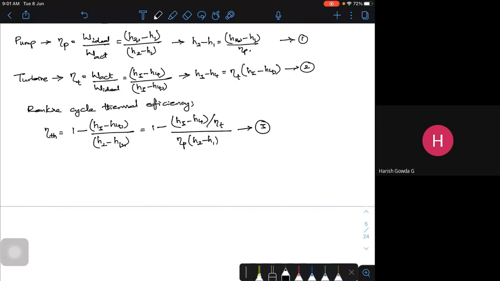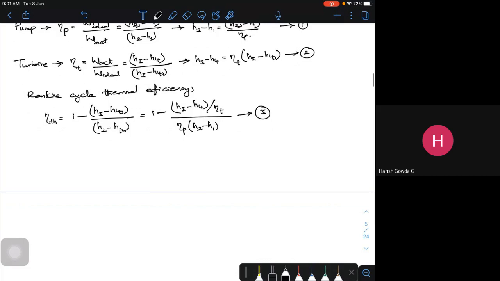It may be blockage. Lot many things are there. If you go and look at any basic thermodynamics for irreversibility, you can see lot many things are there. Maybe a drop in the heat, or unrestrained heat expansion. So all these things will bring down your thermal efficiency. This is the actual thermal efficiency.